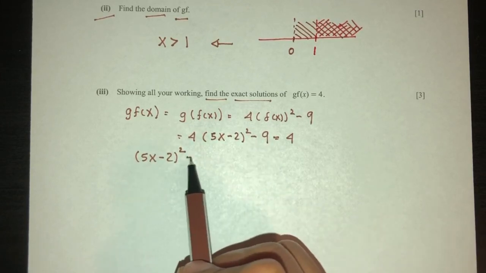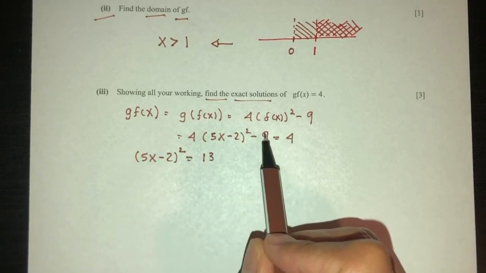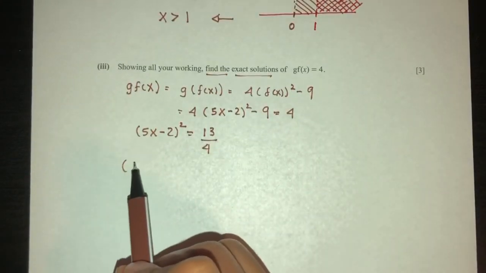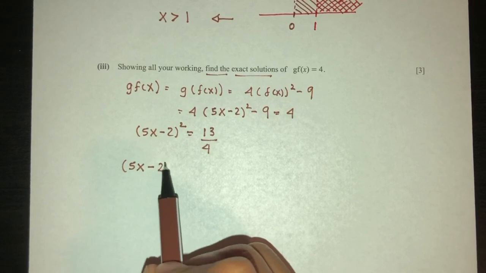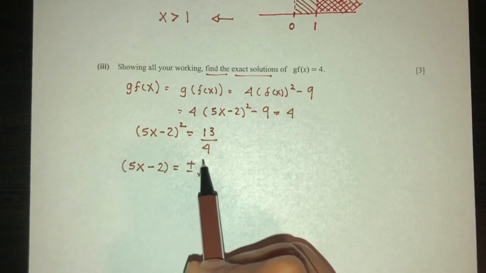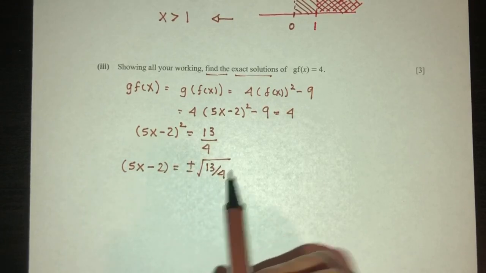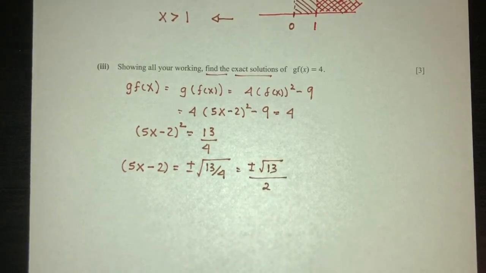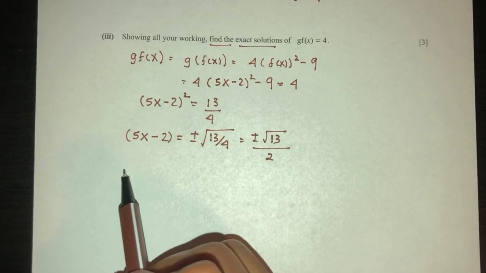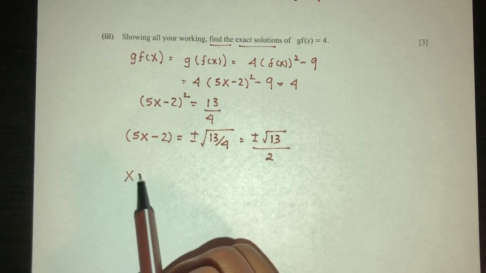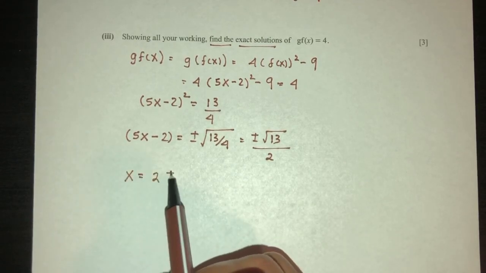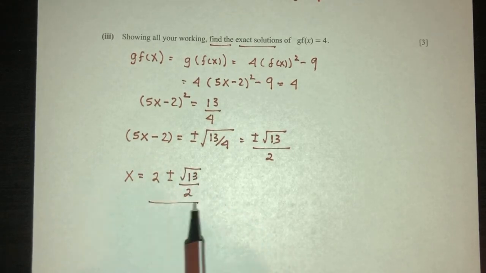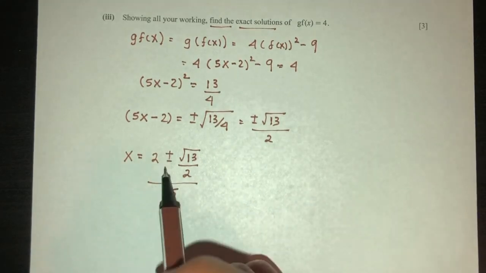That should be 13. So 4 plus 9 will be 13 divided by 4. Now next step is 5x minus 2 is plus minus root of 13 over 4. That is plus minus root of 13 over 2. Now x can equal 2 plus minus root 13 over 2, divided by 5. That could be the value of x.